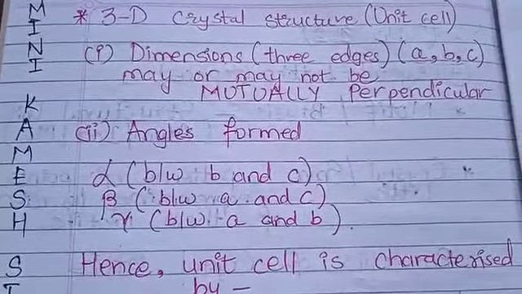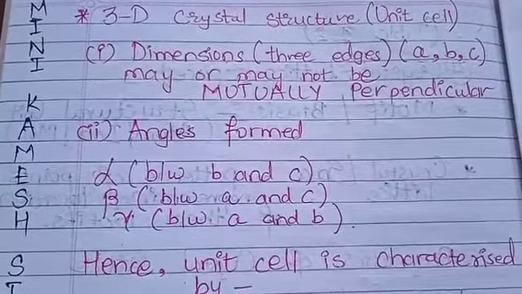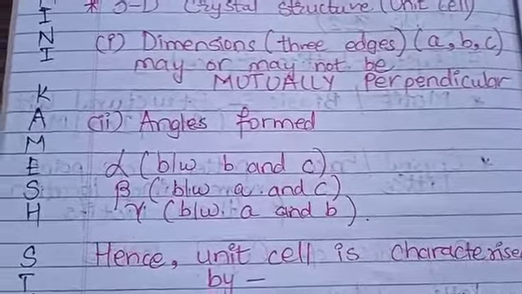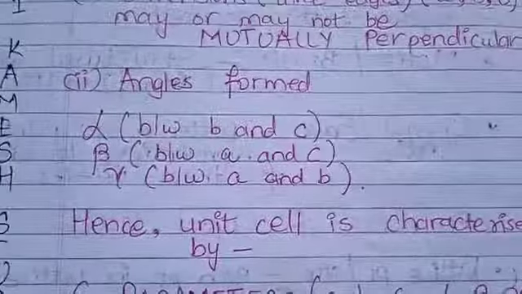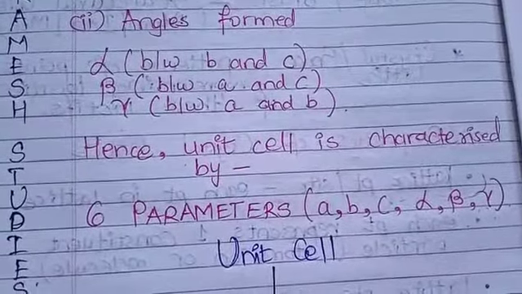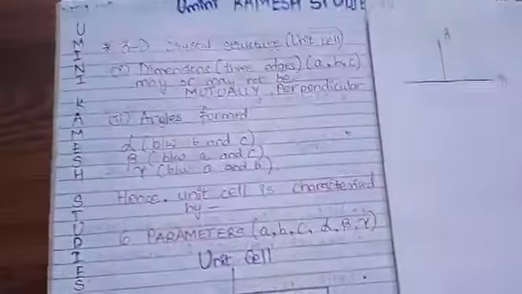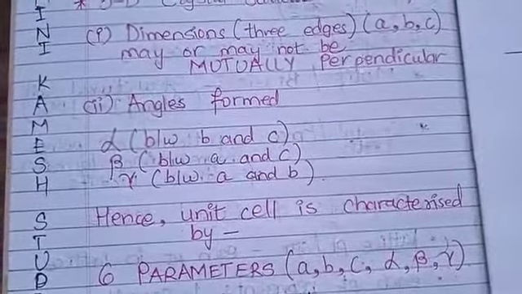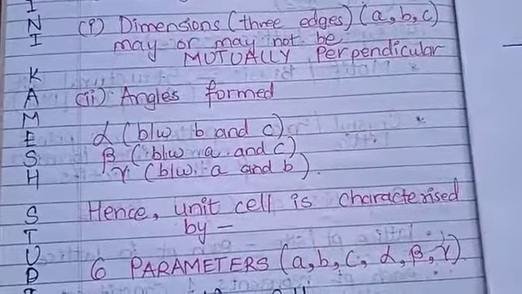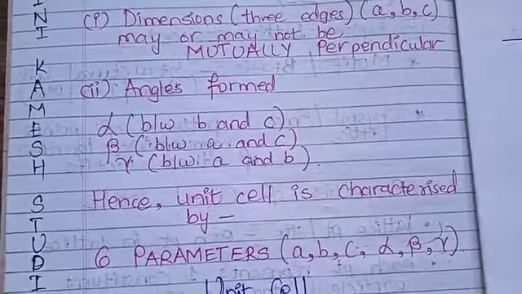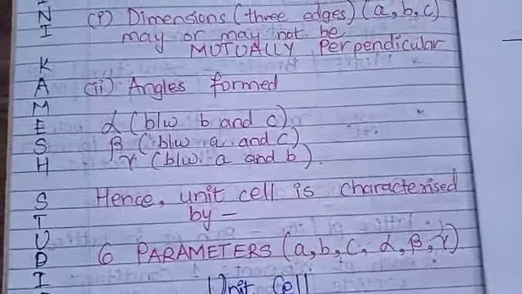The second thing on which it depends is the angles formed. The three angles formed are alpha, beta and gamma. The angle alpha is formed between B and C, whereas beta is formed between A and C, and the angle gamma is formed between A and B. Hope you cleared this.